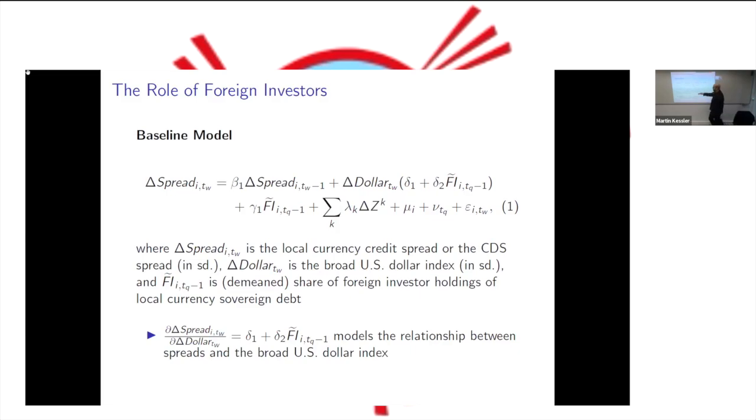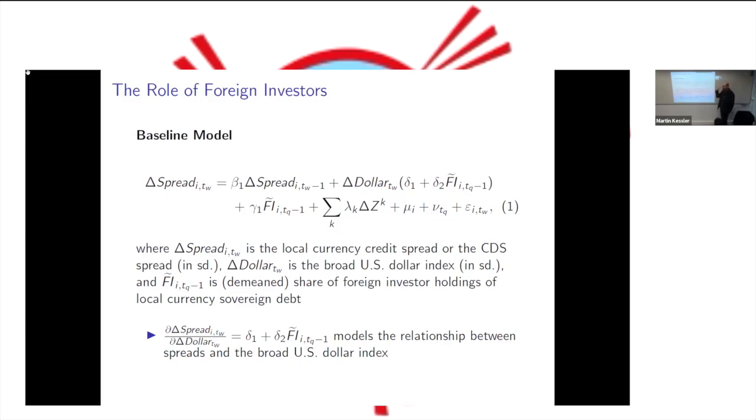And this spread is going to be either the local currency credit spread or the CDS spread. I'm measuring them in terms of standardized change, so it's going to be one standard deviation. And my proxy, as I mentioned, is the broad dollar index. The change here is that an increase in this number is an appreciation of the dollar.